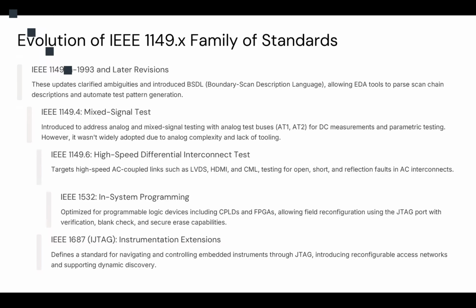We have part 6 of 1149, which is high speed differential interconnect testing, which addresses the problem that traditional JTAG cannot test high speed differential links like LVDS or HDMI.